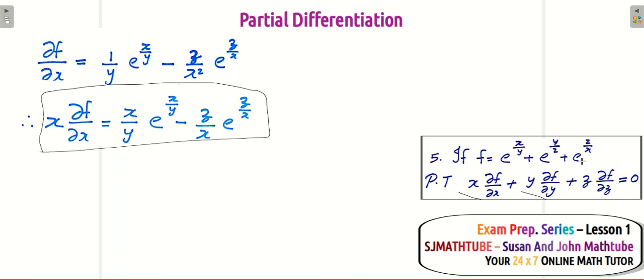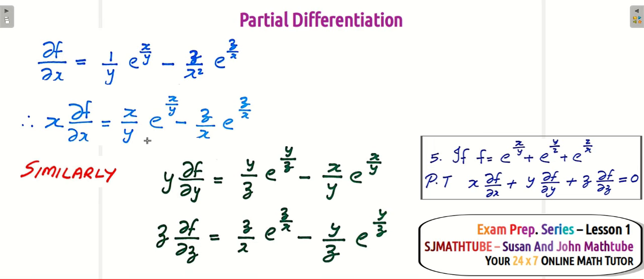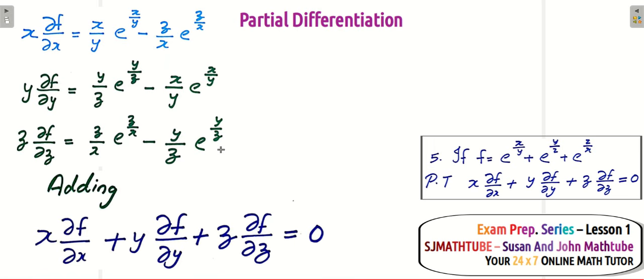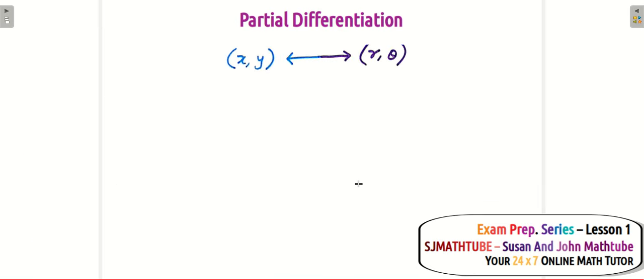Write the word similarly, replace x with y and y with z and z with x. Okay, now we have our required expressions. Now let's add them up. It's obvious, if you add them up, these two quantities are going to get cancelled, and we are going to get 0. Okay, that's it.